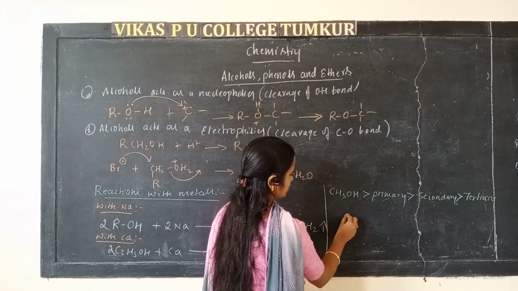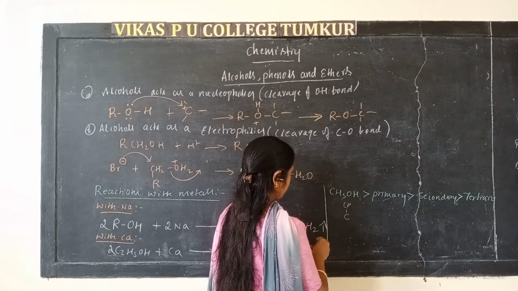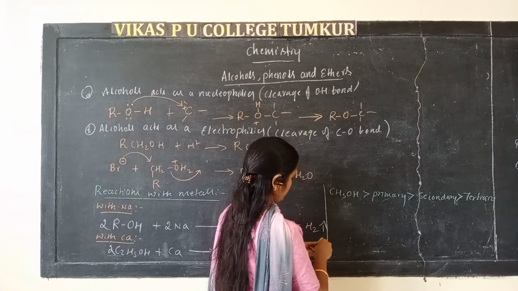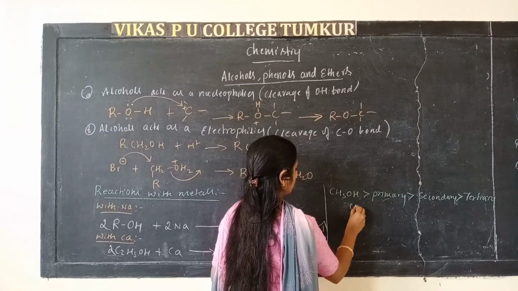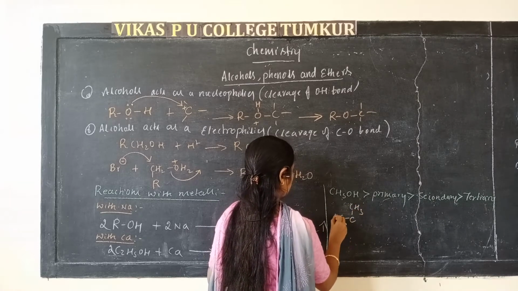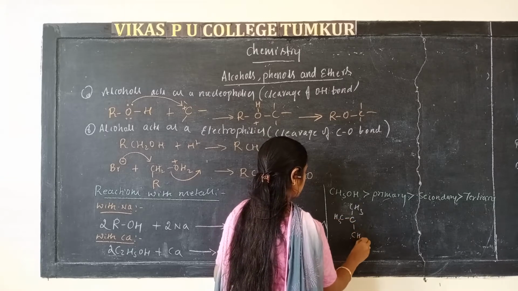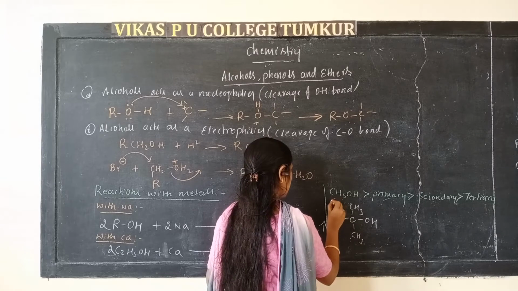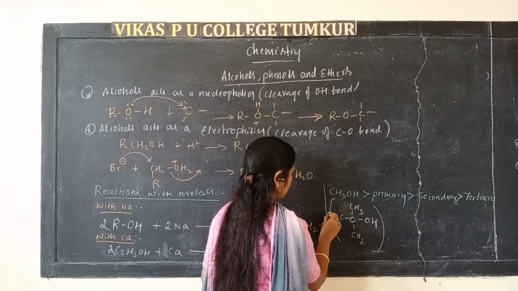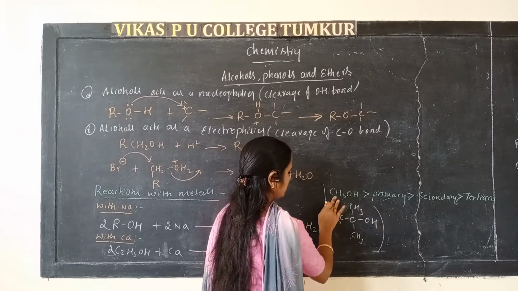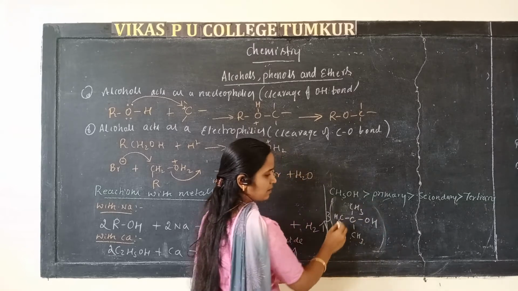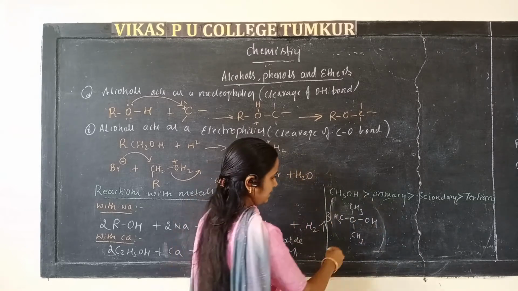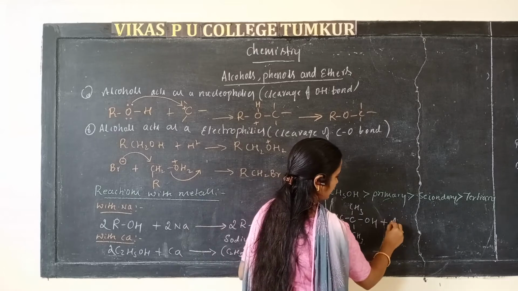This is tertiary butyl alcohol, three moles of tertiary butyl alcohol reacting with aluminium.